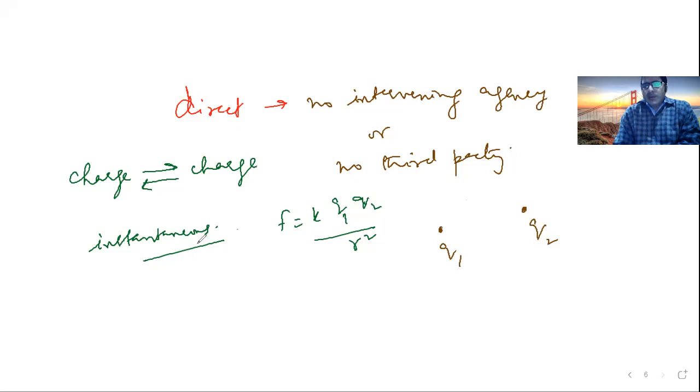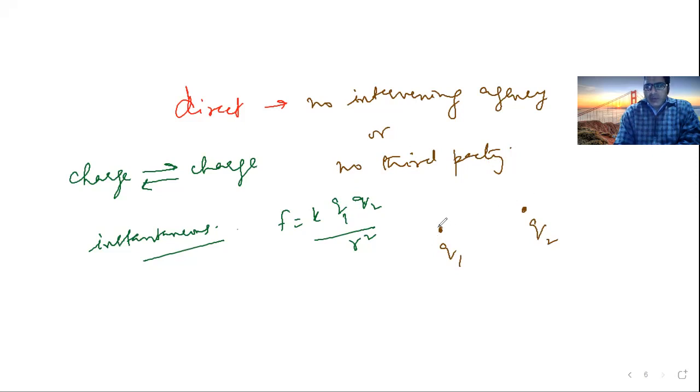The action at a distance idea says that the moment you move Q1 is the same as the moment Q2 senses its movement. That means this effect is instantaneous, irrespective of the distance between the charges.